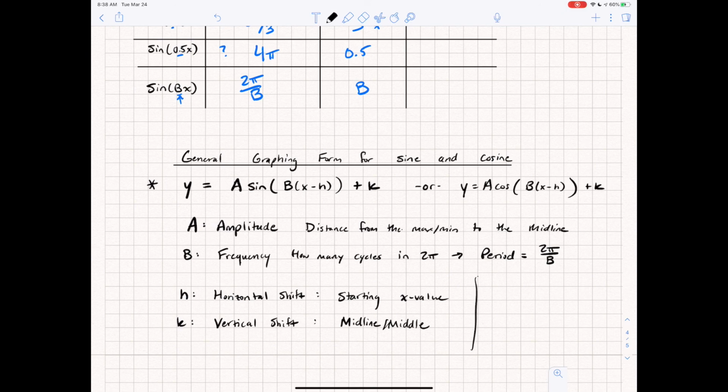The last little caveat is that sine starts on the middle. Cosine starts at the max. So this kind of gives you your general graphing form and the pieces.